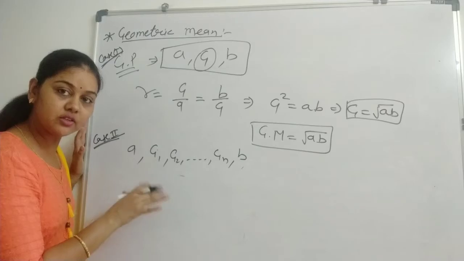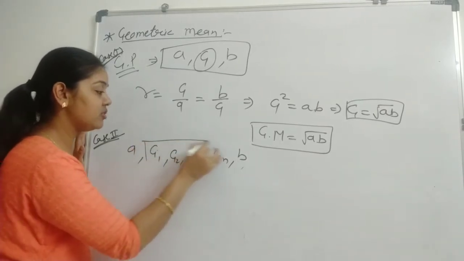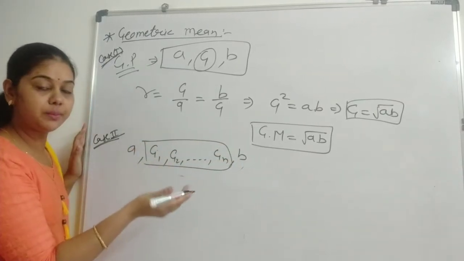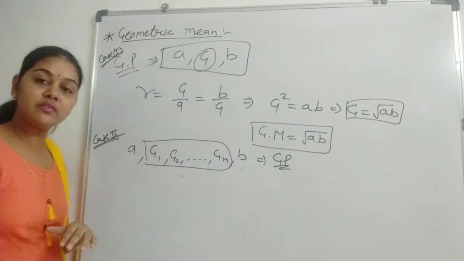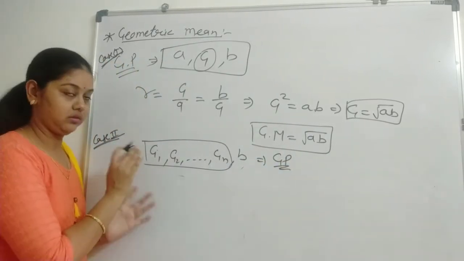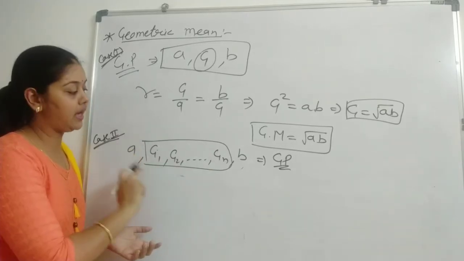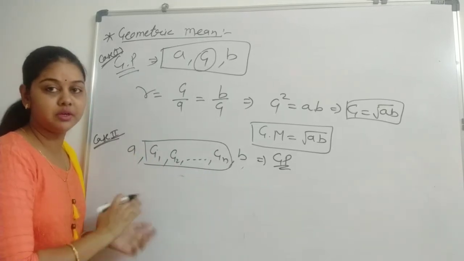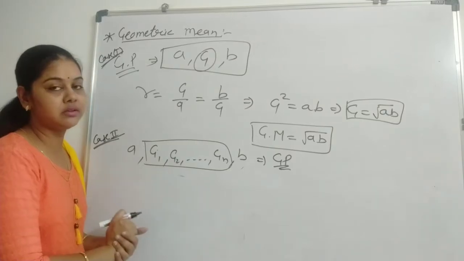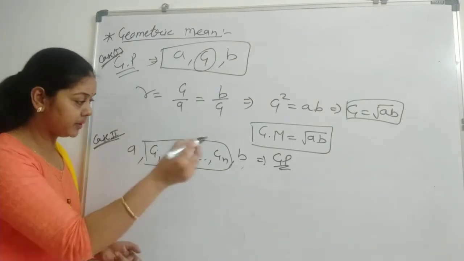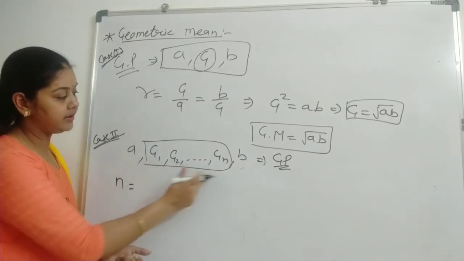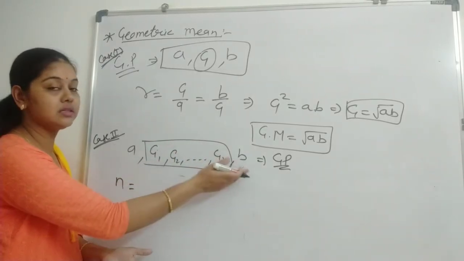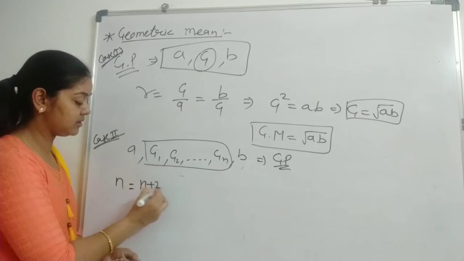I have inserted n terms such that the resulting sequence is a GP. a and b are the given terms and I have inserted n terms between a and b. Tell me how many terms are there? n terms are these, 1 is this and 1 is this. Total n plus 2 terms.